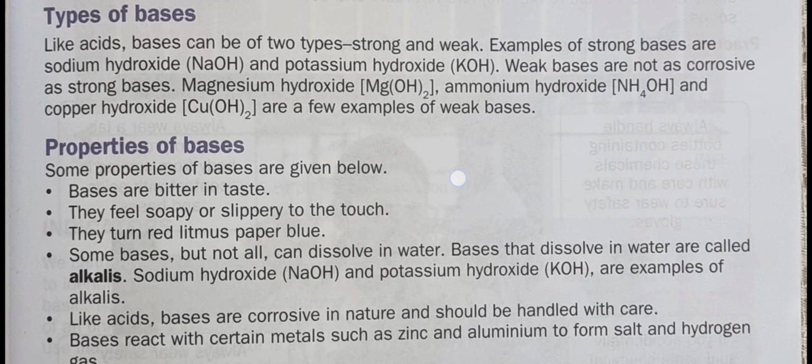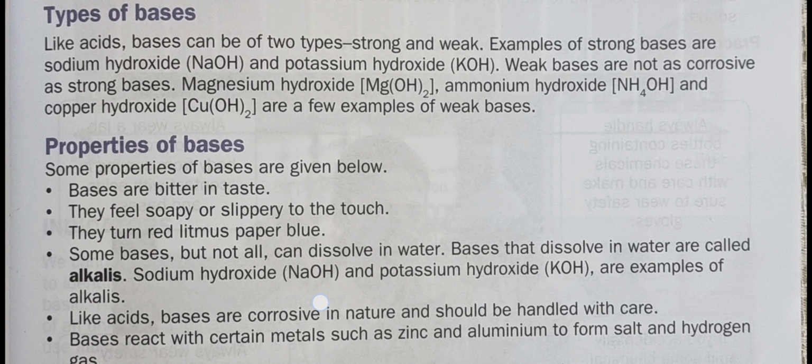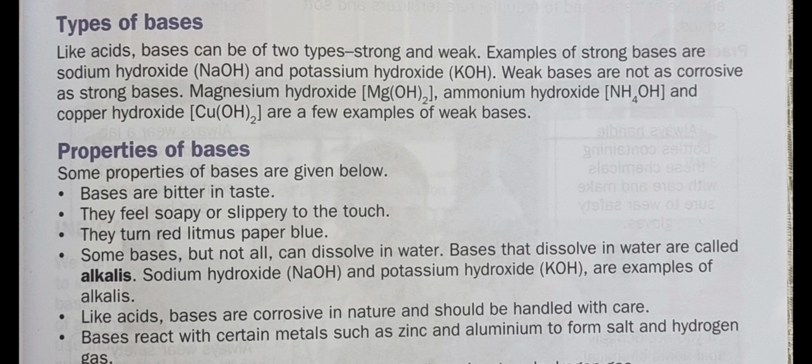Then how many types of bases are there, and what are their properties? Like acids, bases can be of two types, strong and weak. Strong bases and weak bases. Examples of strong bases are sodium hydroxide, NaOH, and potassium hydroxide, KOH, and weak bases are not as corrosive as strong bases.